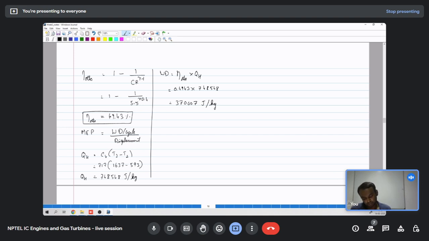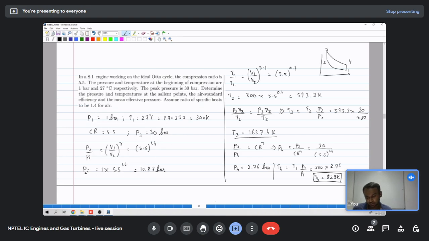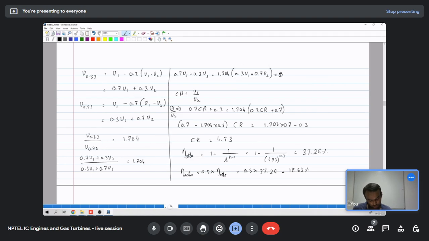Similarly, we can find the displacement volume. Displacement volume is equal to V1 minus V2. V1 can be calculated using PV equal to RT at state 1. R for air is 287.